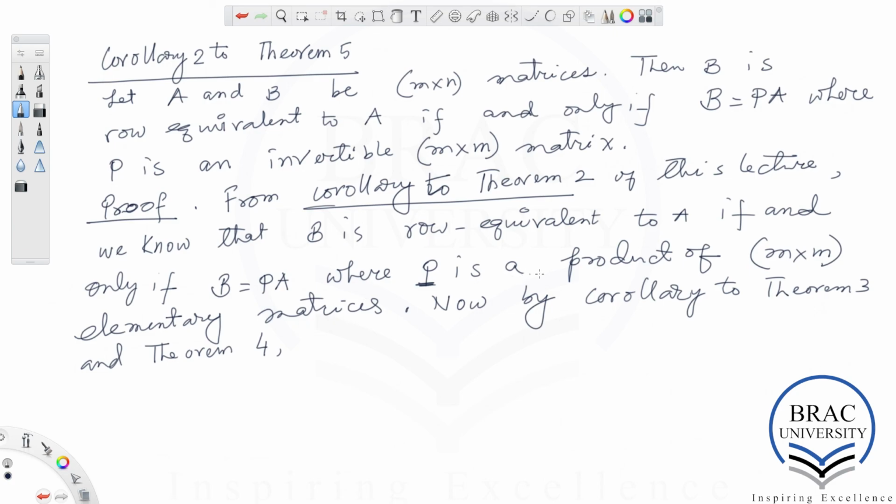Since P is a product of elementary matrices and an elementary matrix is necessarily invertible, the corollary to Theorem 3 tells us that this product P is invertible as well, right?